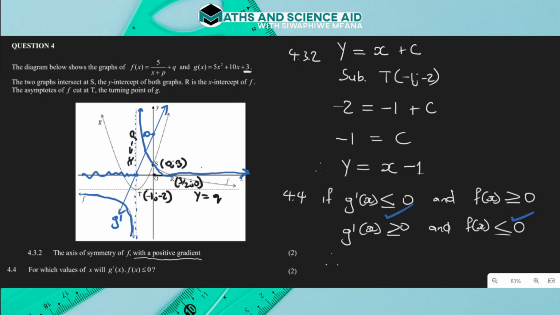And therefore, since we know that the x value of r is 3 over 2, we can say that this inequality will be true for values of x that are greater or equal to 3 over 2. So that is how you can answer this question.